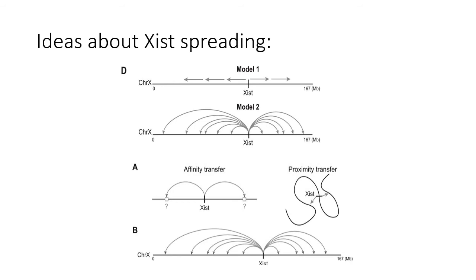And this is believed to occur by proximity transfer, in that those pieces of DNA are actually brought near enough to the Xist locus itself that the newly synthesized Xist RNA can go to different locations because it's being visited by these different chromosomal locations, amazingly.